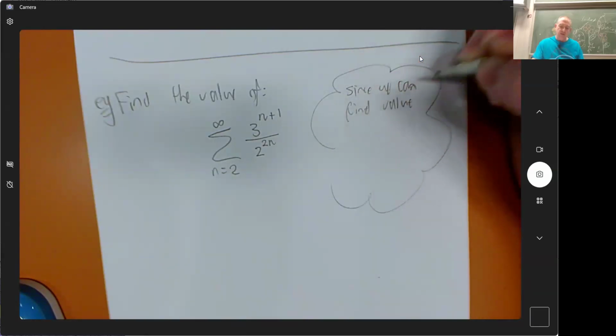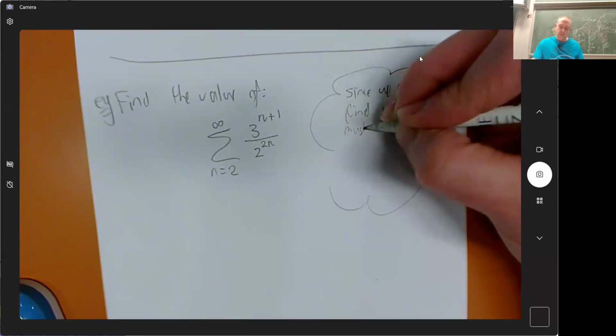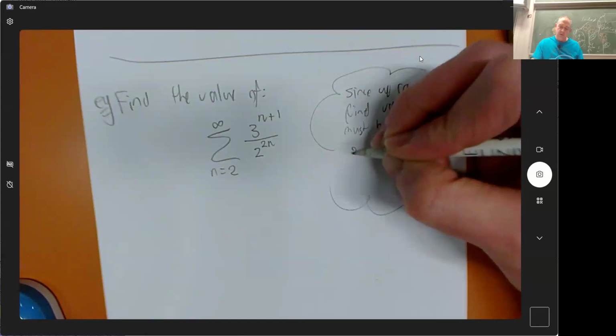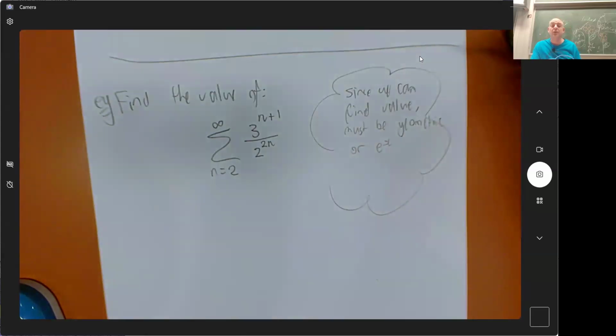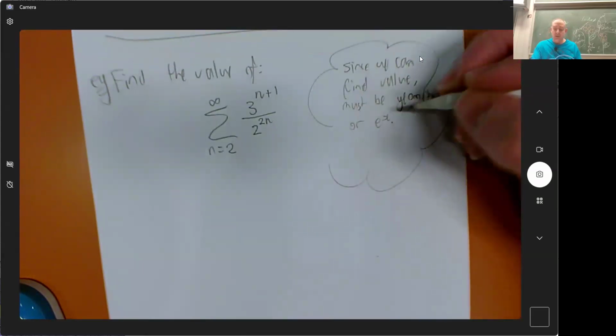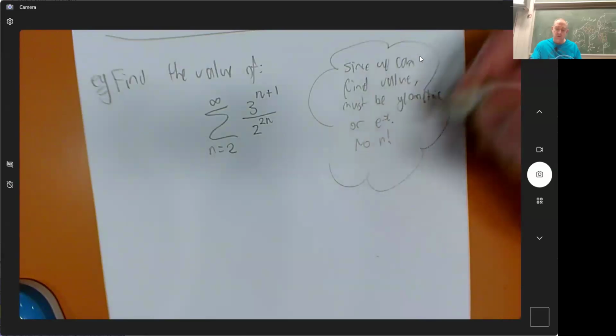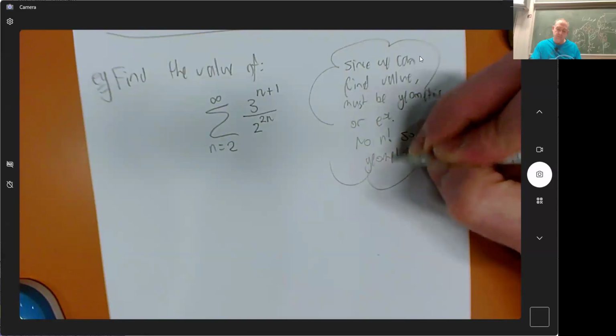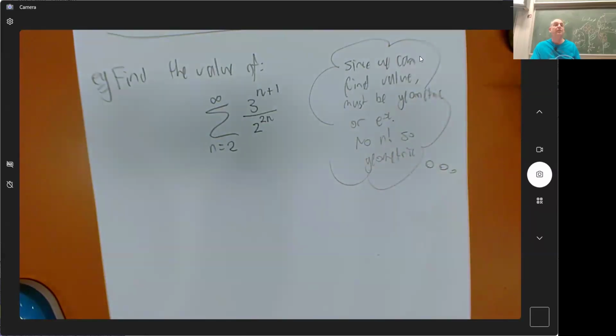Since we can find the value, it must be geometric or e to the x that's involved somehow. And there's no n factorials, so it must be geometric. That's my decision-making process about what I'm going to do.